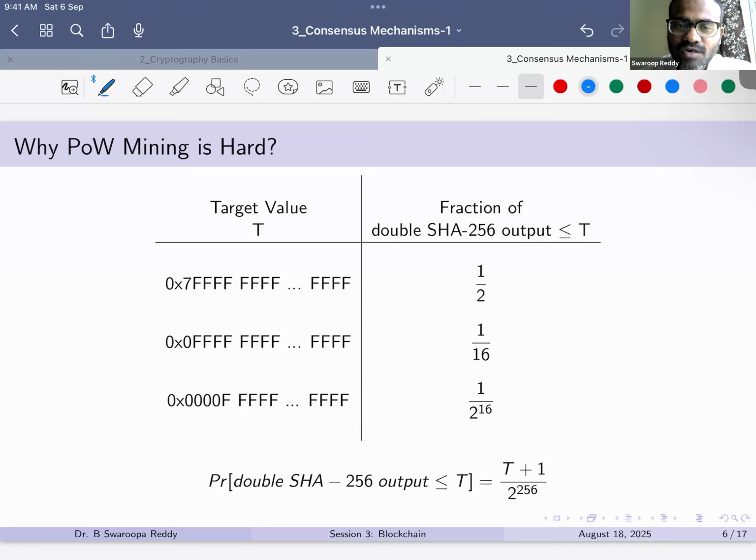For example, this target value is something like 7f followed by all these values. 7f in terms of bits: 7 is 0 1 1 1, and all other values will be 1 1 1 1 and so on. So we have only one 0 at the beginning, which means the value is very large. The T value is very large in this case.